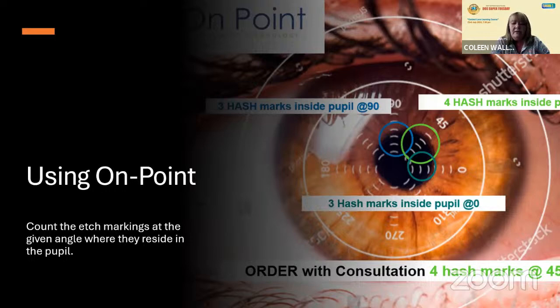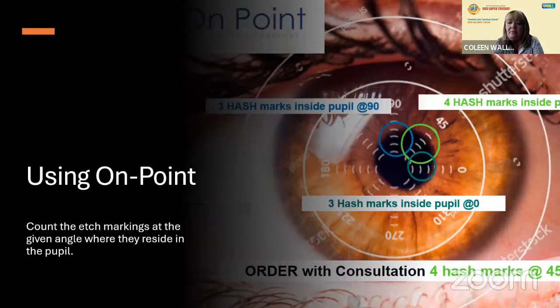To use OnPoint correctly, the lens has to be, again, inserted with the dot at 6 o'clock. It should always be at the 6 o'clock position, whether you're fitting multifocals or a spherical lens. All scleral lenses sit down and out. So what that means is we want to know the lens is going to be decentered. So we want to know at what area the most hash marks are in the pupil.